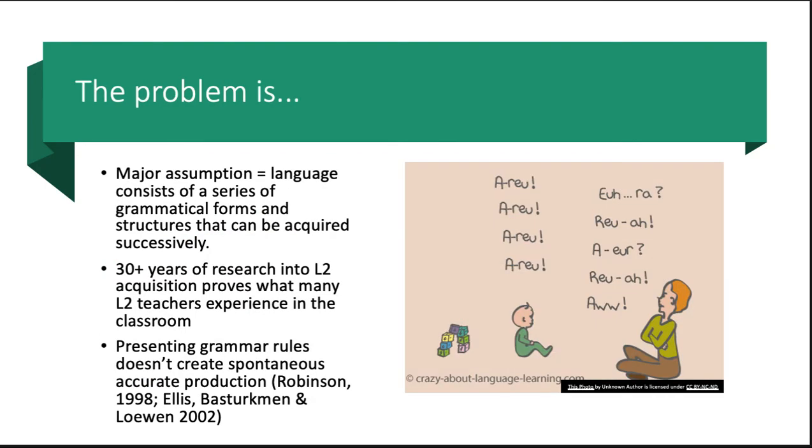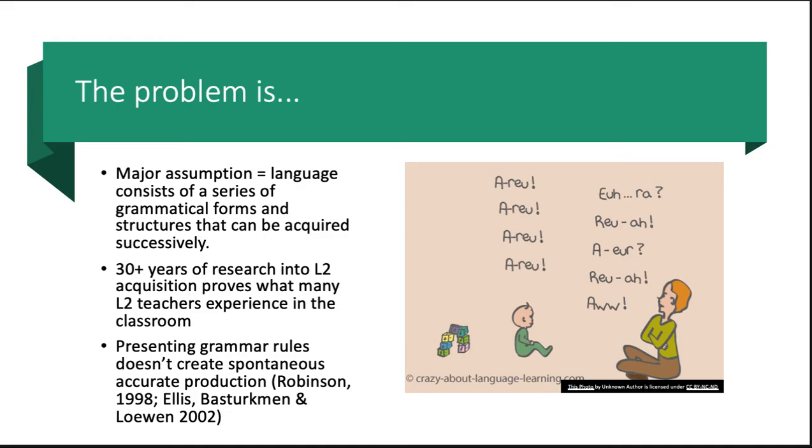The problem with the PPP approach, and many of the others preceding it, is that it assumes people can learn to communicate accurately and spontaneously simply by learning grammar rules. If we stop to think about this a second, we'll see that this doesn't make a lot of sense. Most of us learned to speak spontaneously and reasonably accurately in our first languages before we were even old enough to go to school. We continued to speak our languages with enough accuracy to communicate clearly even before our first grammar lesson.